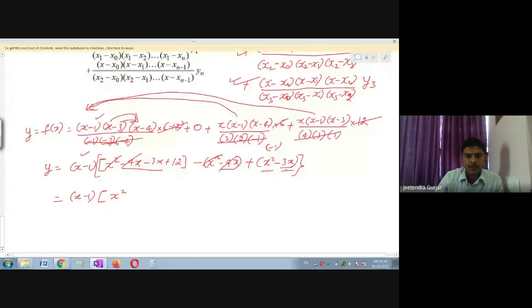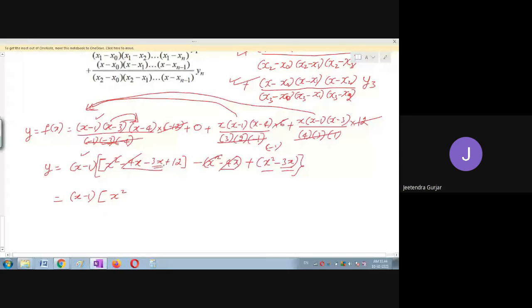So minus 3x minus 3x, minus 6x I will get. This is okay. Now plus 12, no change. So therefore this is 12. So further you simplify. If you multiply this x here, you can see this is x cube minus 7x square plus 18x minus 12.